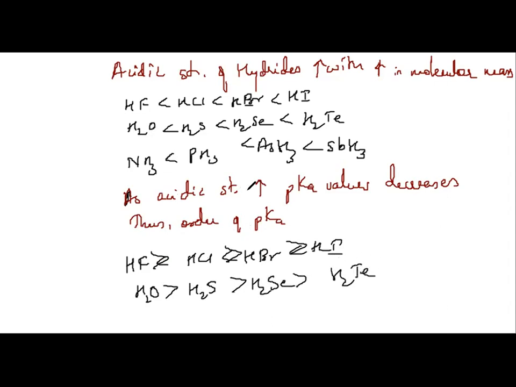Understanding? As acidic strength increases, pKa values decrease. Therefore, the correct order of pKa values is this order. So this pKa value is more. In our given option, it is less than H2S, less than H2Se, and less than Te, tellurium. Therefore, B is the wrong option.